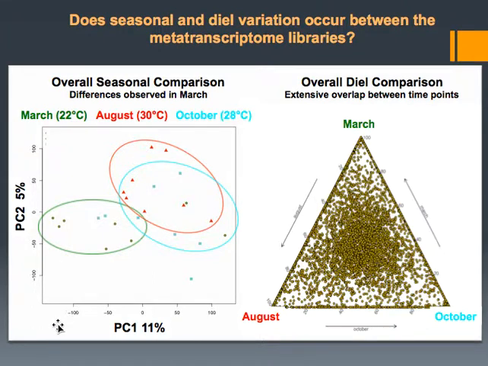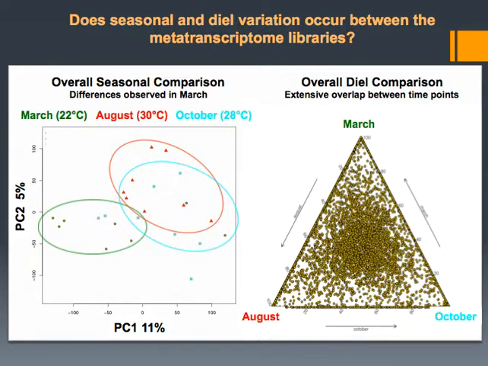I think this direction, PC1, represents seasonality, so August and October look really similar. I don't think there are significant differences between the microbial populations between August and October. And as you can see, the temperatures are pretty warm.